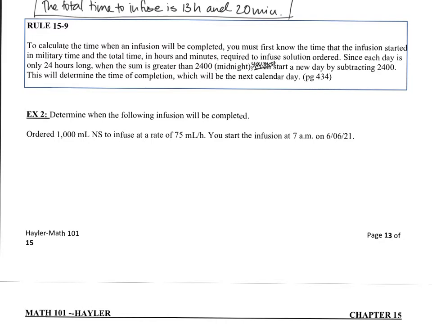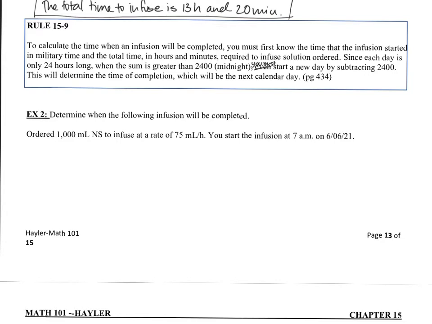Let's take a look at example number 2. Determine when the following infusion will be completed. We have ordered 1,000 milliliters to be infused at a rate of 75 milliliters per hour, and we start the infusion at 7 a.m. on 6/06/21. So June 6th, 21. Ooh, the future.